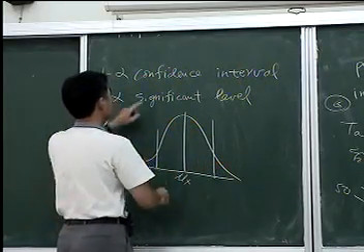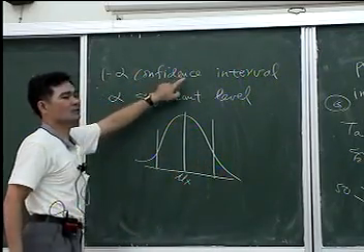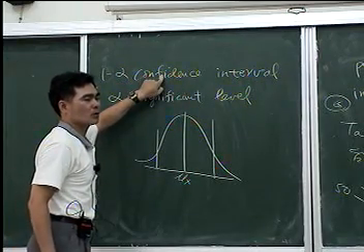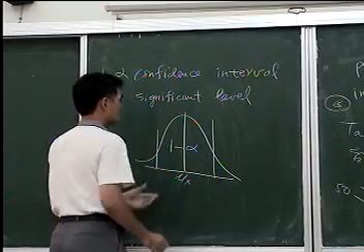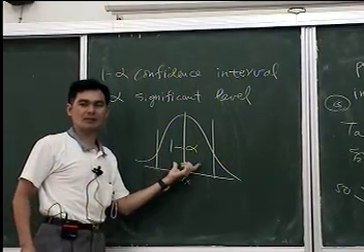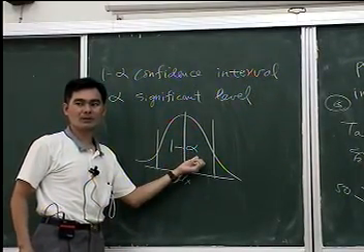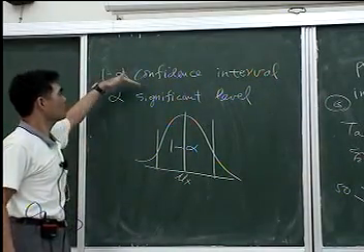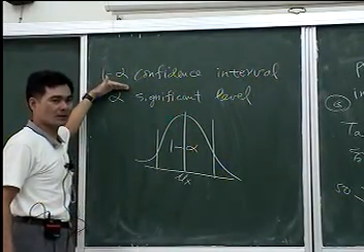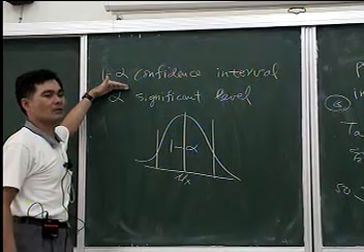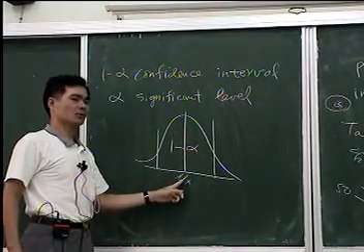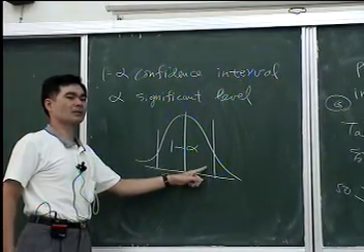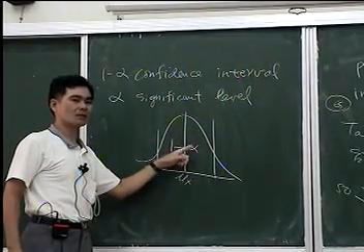So when we say 1 minus alpha confidence interval, what do we mean by this? It means the probability that it will happen is 1 minus alpha. What we mean is that the probability that the true value will be in this interval is 1 minus alpha.